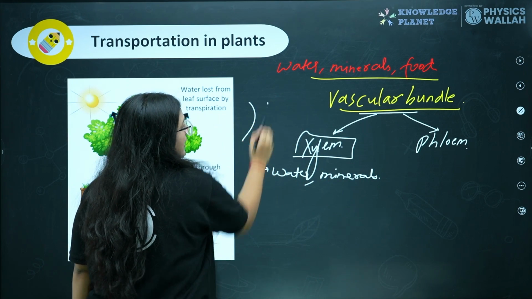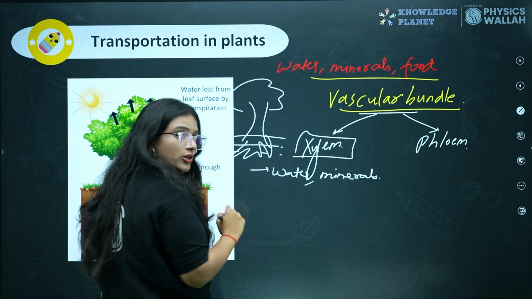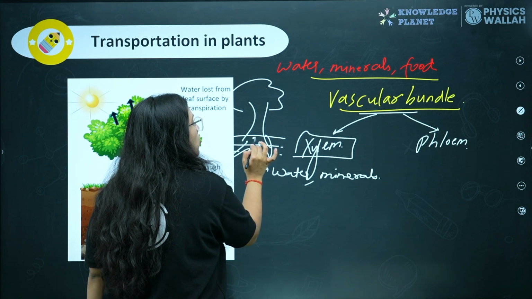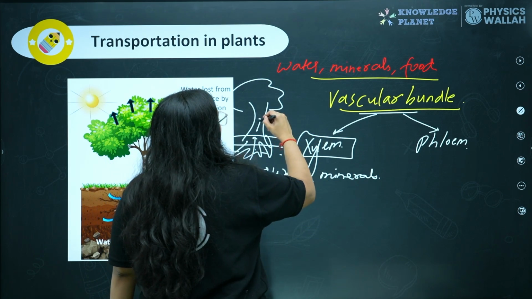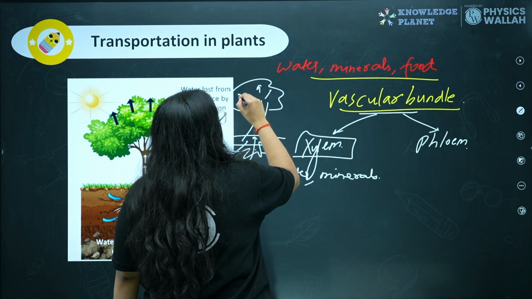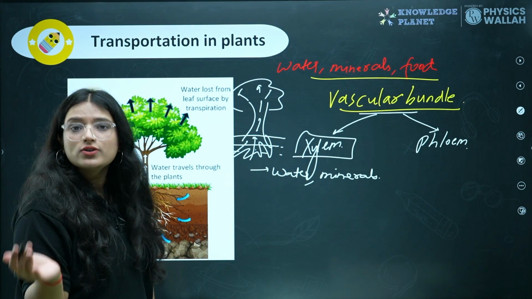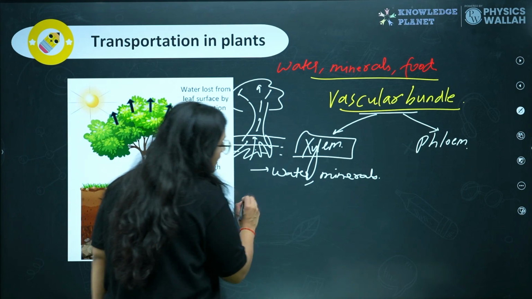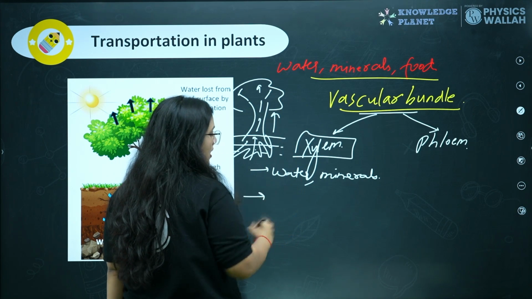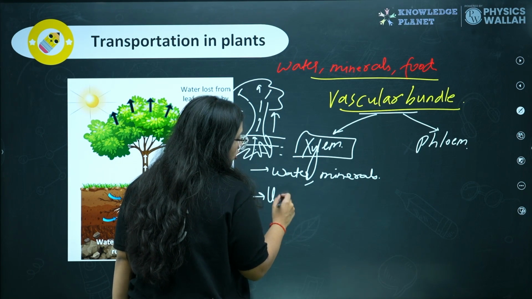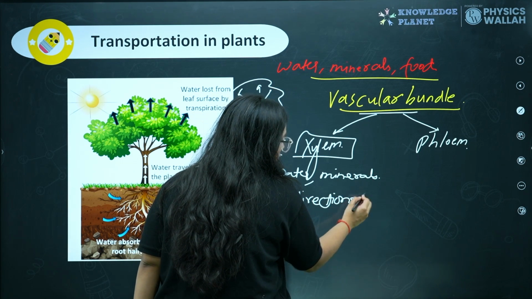In a plant, the soil consists of water, and the roots take up the water from the soil and transport it towards the other parts of the plant. Leaves majorly require water for photosynthesis. So the xylem conducts water and minerals in only one direction, and therefore their conduction is unidirectional.